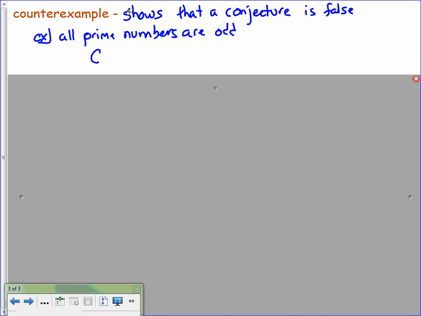Your counterexample, 2. 2 is a prime number and it's not odd, so right there would be a counterexample. Another way of thinking of this, one counterexample equals a false conjecture. All it takes is one.